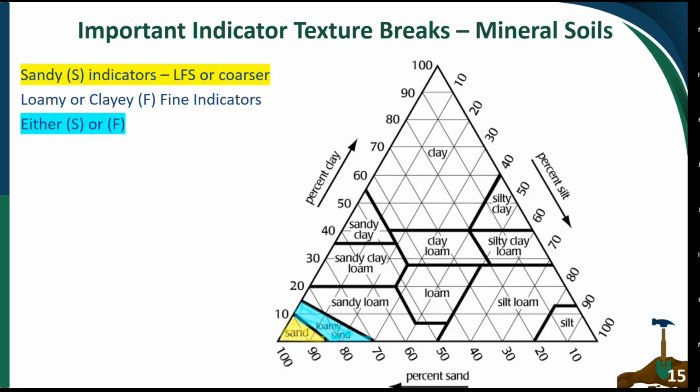So let's talk about that. In the loamy sand category, if it is a loamy fine sand or coarser, it's an S indicator. If it's a loamy very fine sand, then it goes to the F or the fine side.